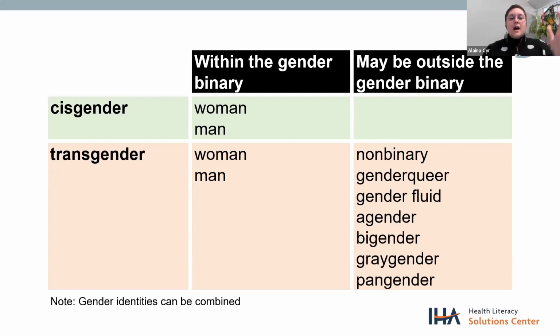These identities may be outside the gender binary because some people may find that part of their identity falls within the gender binary. So for example, if we have a bigender person and their two genders are man and woman, their identities still fall within the gender binary, but their identity itself may be considered trans and outside of the gender binary.